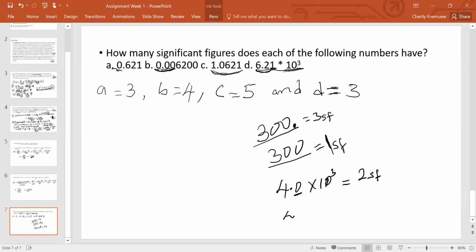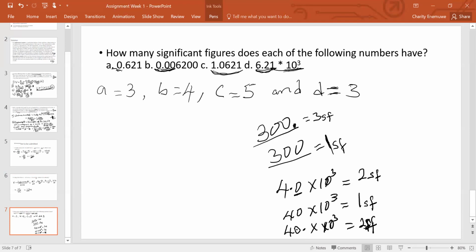But if it is something like this, this will be 1 significant figure. And if it is something like 4.0 times 10 raised to the power 3, it is 2 significant figures.